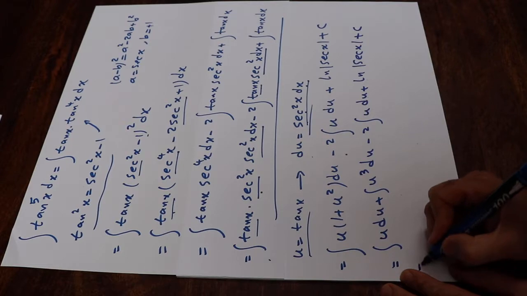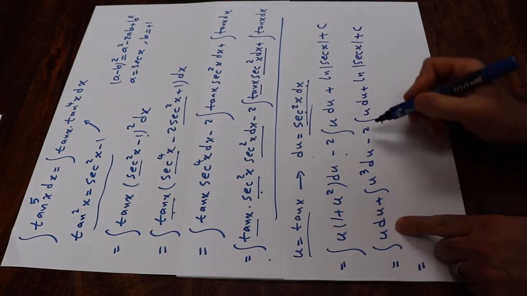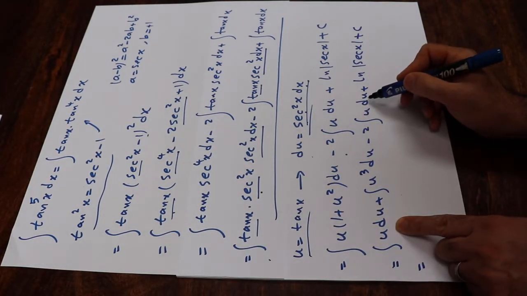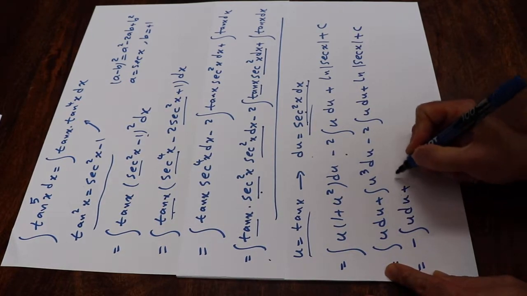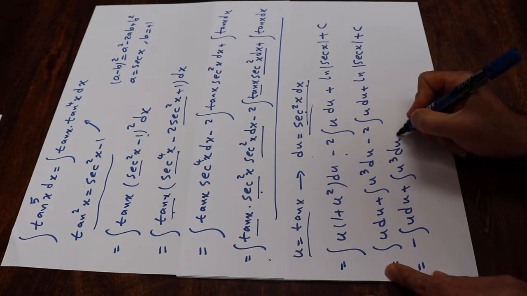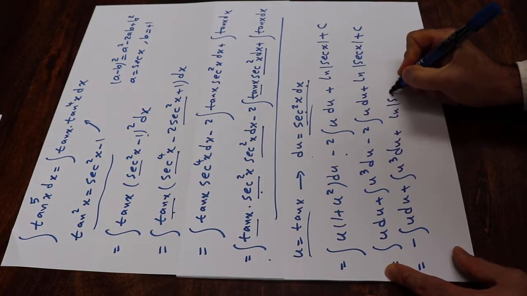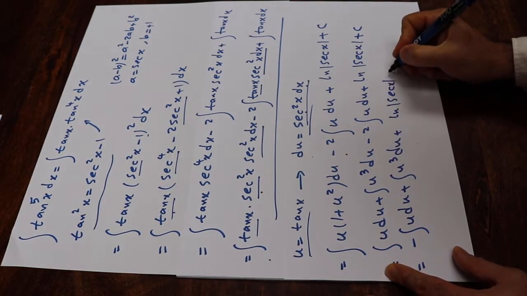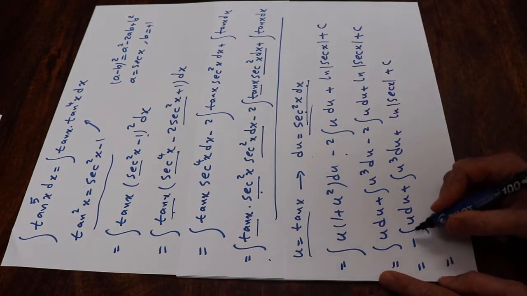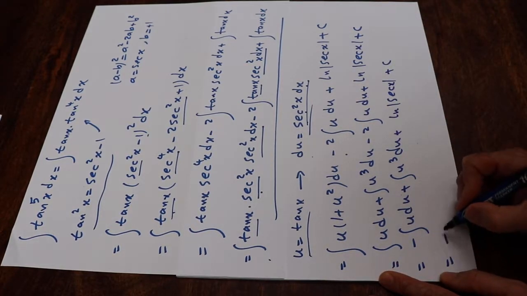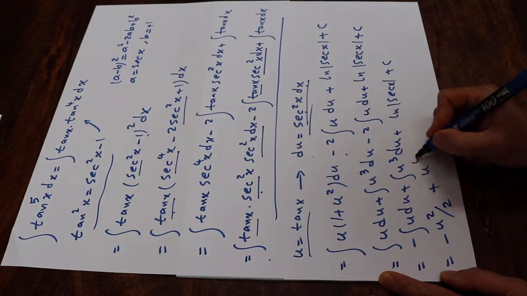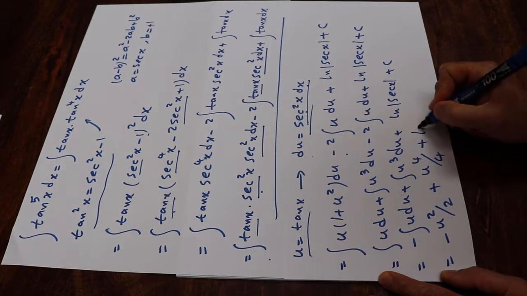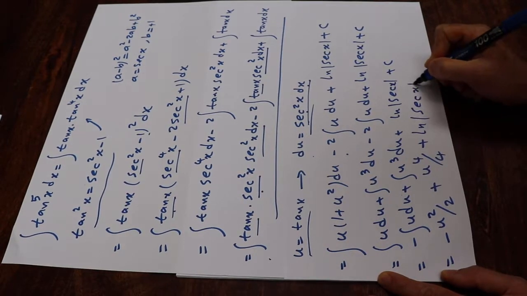Here you have the integral of u du minus 2 times the integral of u du, which is basically minus the integral of u du, plus the integral of u cubed du, plus ln secant x plus c. The integral of u du is u squared divided by 2, plus the integral of u cubed is u to the 4th divided by 4, plus ln secant x plus c.